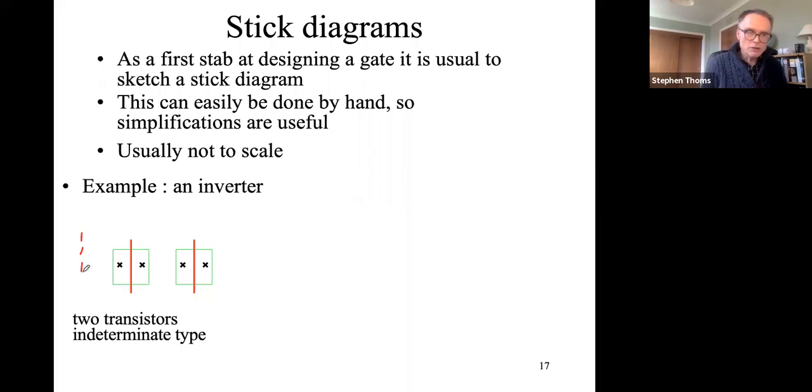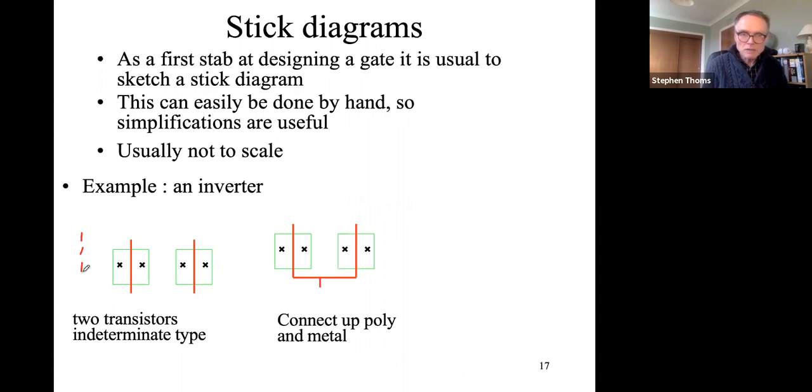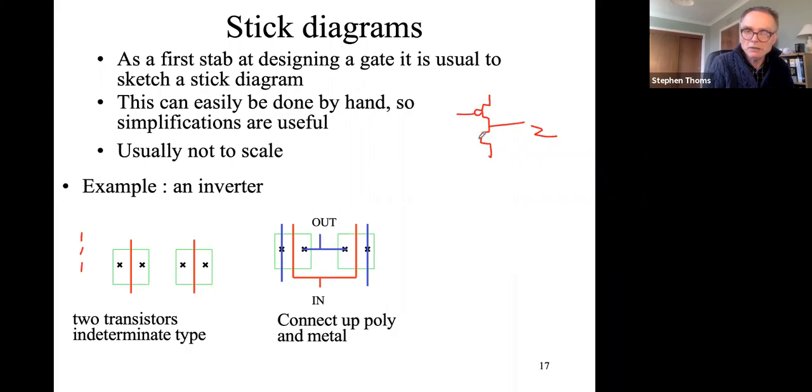So we've got two transistors. One's going to be the P, one's going to be the N. Okay, I've got my poly and my metal joined up now. So if you think about the way an inverter is, just draw the inverter up here for a second. We've got the output here, and we've got these, oops, I need to make sure that's a P, and these two are connected to each other.